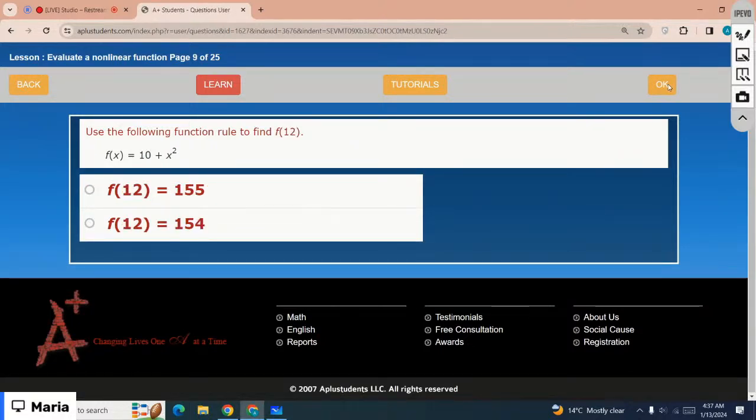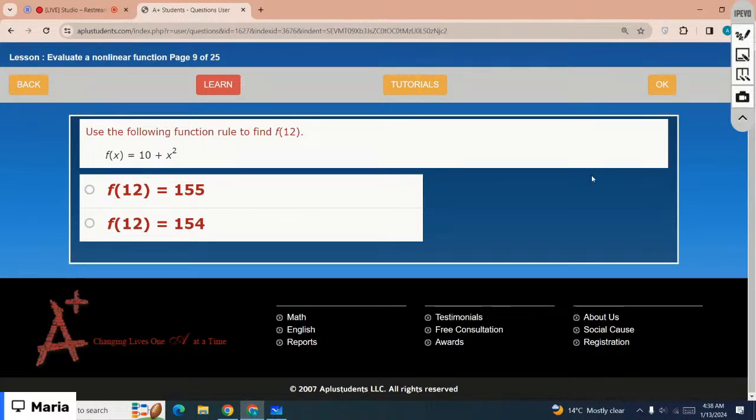Use the following function rule to find f of 12. So which is the correct option? Yes, the correct option is 154. Very good.